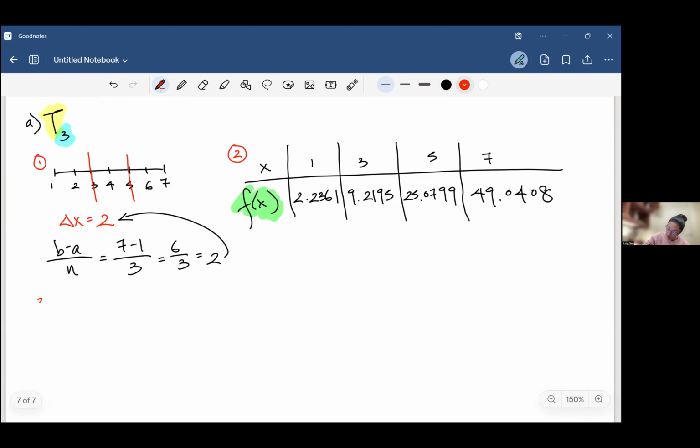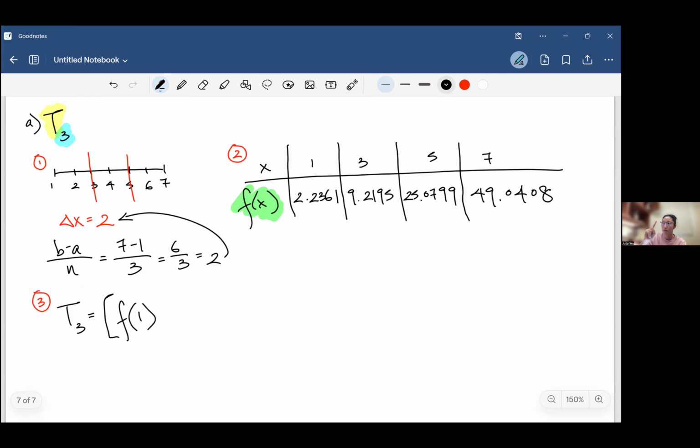We've made our table. And now we're going to go ahead and plug everything into our formula. And our formula says T sub 3 is going to equal f of 1.